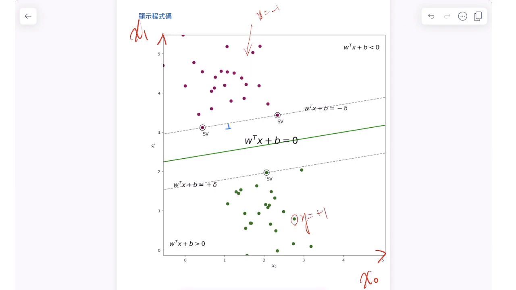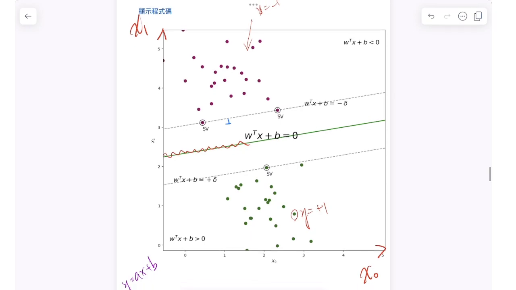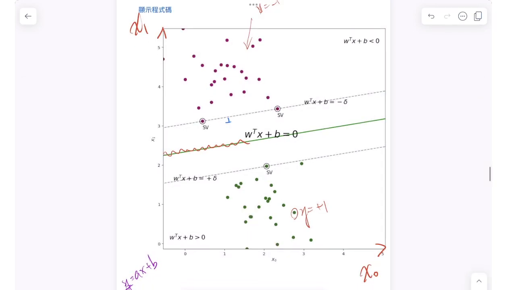So that is the x0 and x1 space. Assume the boundary line is like this, and if it is a two-dimension space and you want to draw a line, it should be y equals ax plus b, right? But there's no y, so it should be something like this.